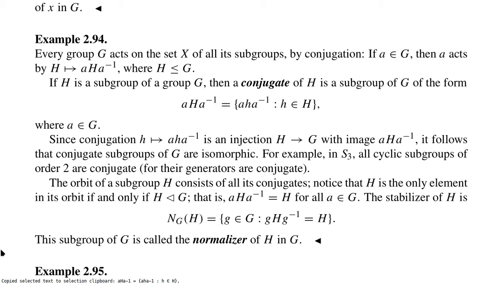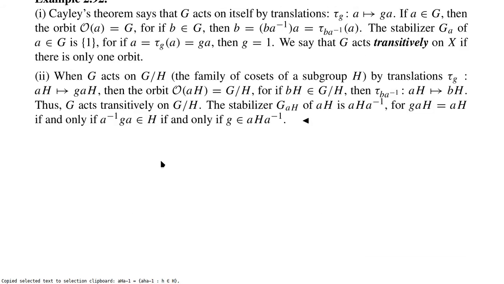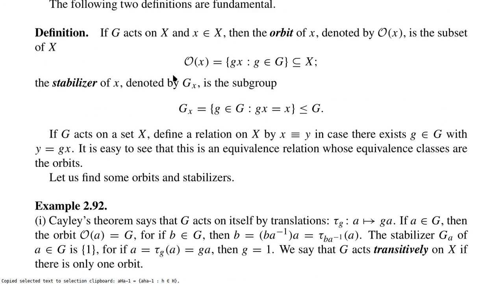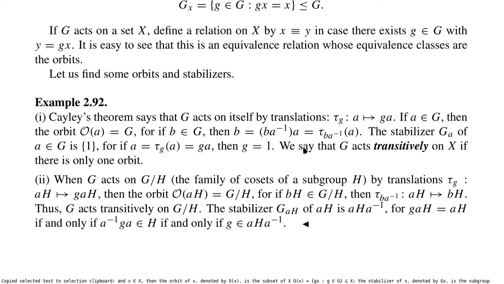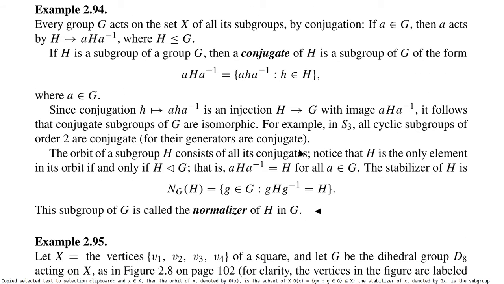So the orbit of a subgroup H is going to consist of all its conjugates, because that's how you define an orbit. Then H is going to be the only element in the orbit if and only if H is a normal subgroup of G, right?